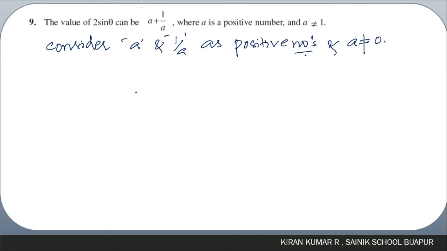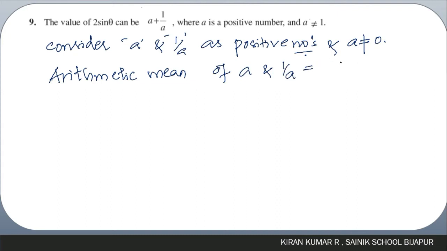If I consider like that, what is the arithmetic mean of a and 1 by a? We know when two numbers are there, its arithmetic mean is sum divided by 2.